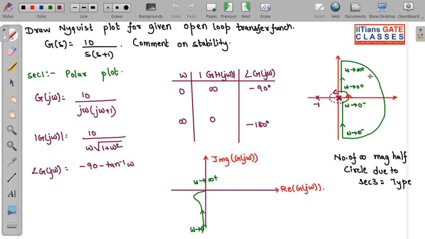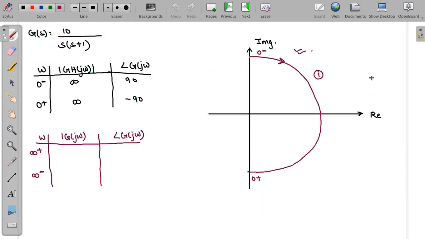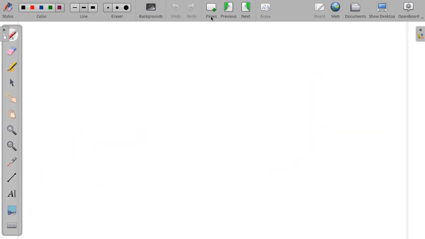I have told you this matters when your open loop transfer function is improper. Here it is a proper transfer function, so the magnitude is 0 for both, and magnitude 0 means just a point at the origin. So now if you want to draw the complete Nyquist plot, it will look like this.